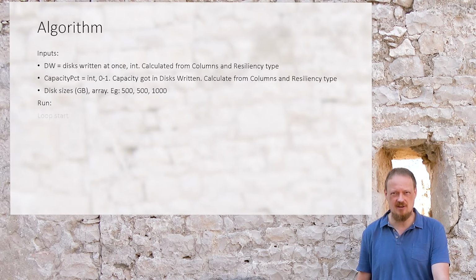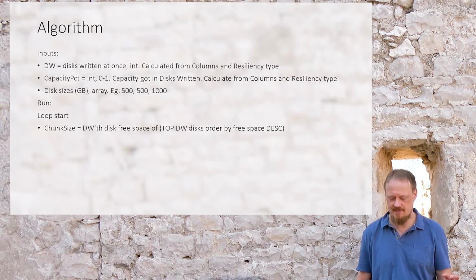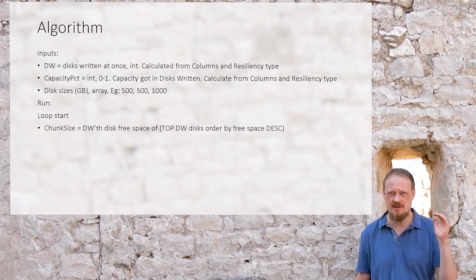Let's see how the algorithm looks. We start the loop and we order the disks by free space, from the biggest one to the smallest one. And then we see the number of disks written is, for example, 3. Then we count from the biggest 1, 2, 3, the third one, how much free space it has. For example, 2 terabytes.